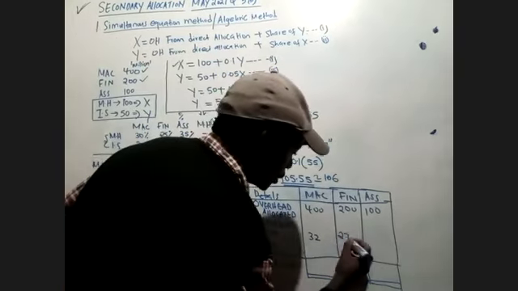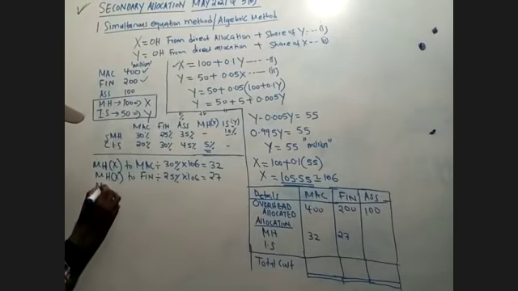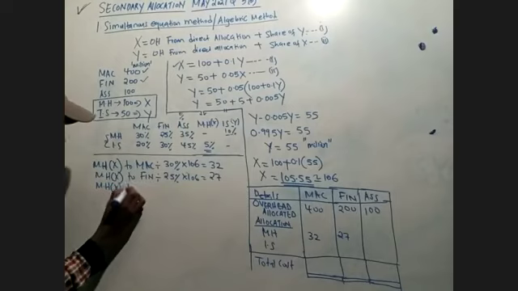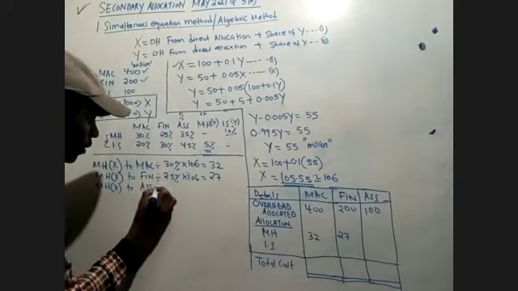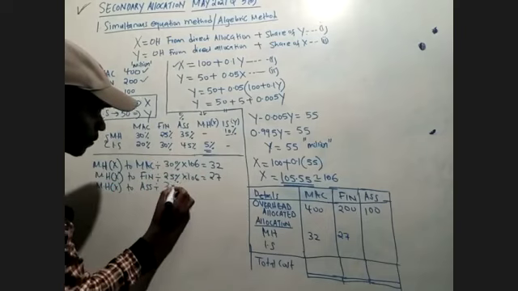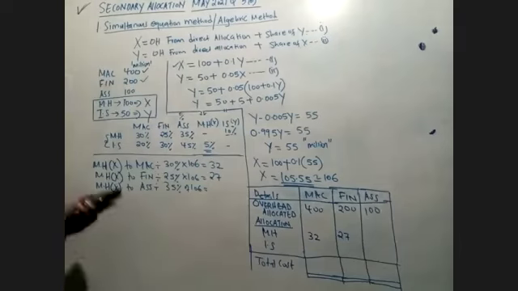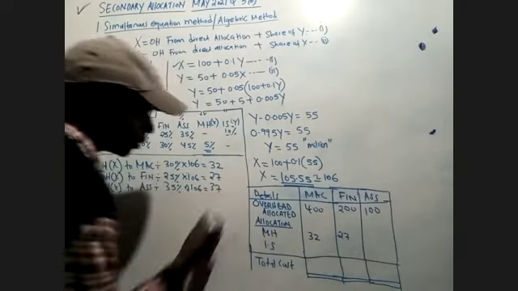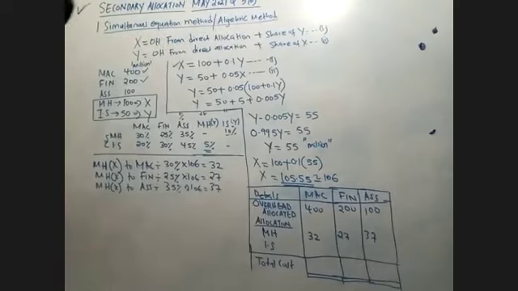Tunaweka hapo 27. Then pia material handling wa mwisho, assembly. Assembly anachukua 35% of 106. So 0.35 times 106, 37. So kiasi the 3 inafaa kupatia 106.